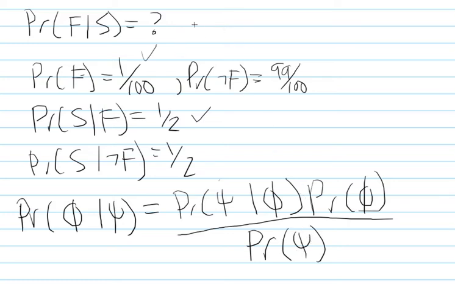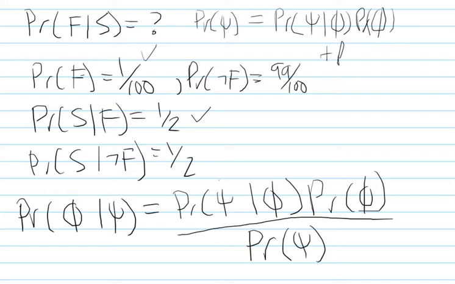And if you recall from Monday, and actually just the video, the question I worked through in the previous video just now, you'll recall there's something called the law of total probability. And applied to psi, what it tells us is that the probability of psi equals the probability of psi given phi times the probability of phi, plus the probability of psi given not phi times the probability of not phi.